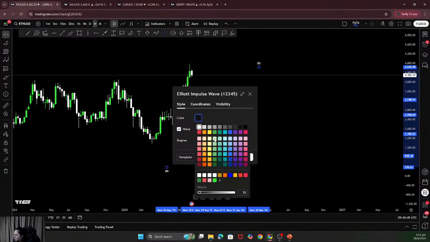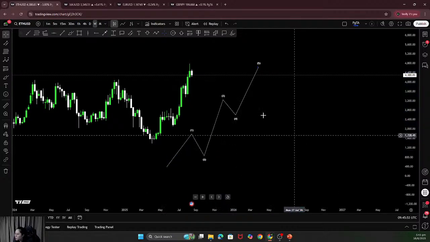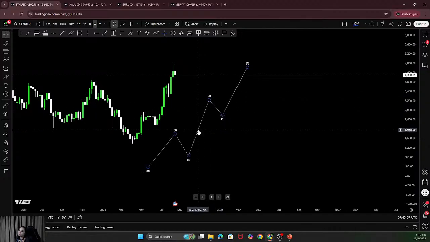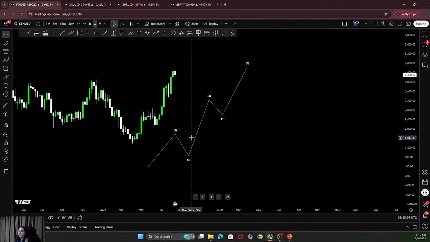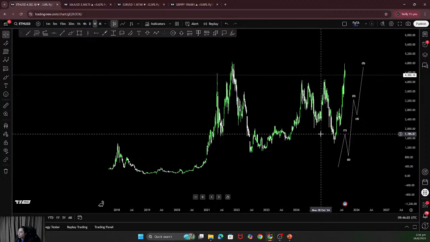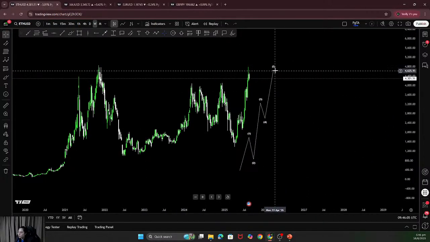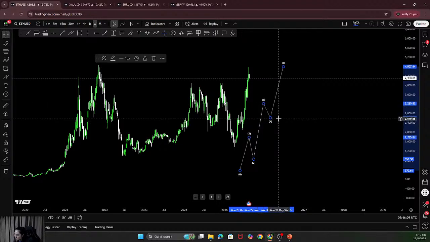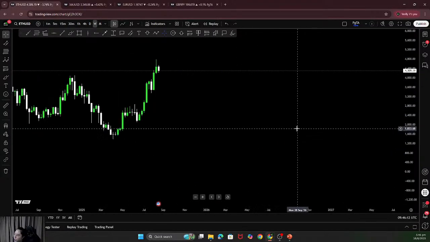That's a really bad color, I'm going to change it to white. Price moves in a 5-wave pattern. This is Mr. something Elliott. He noticed that when he looked at the chart, price is constantly moving in 5 zigzag waves.